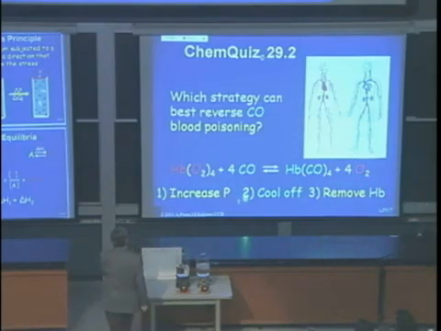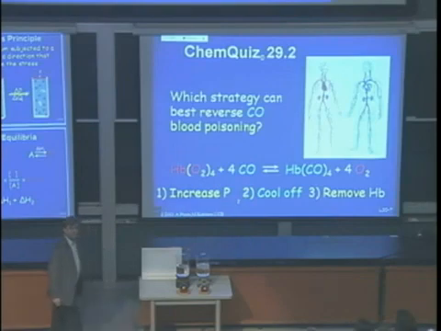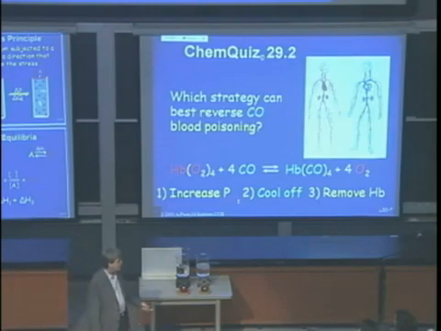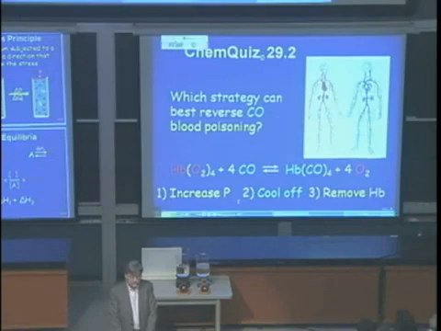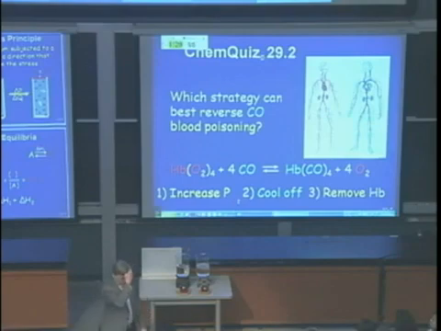Or the third possibility, you increase the partial pressure of oxygen in his blood, so you let him breathe oxygen. So just from the physics, from the equilibrium conditions, what would be the best way to treat this person? One is A, B, or C. 1, 2, or 3. Why don't you think about this?